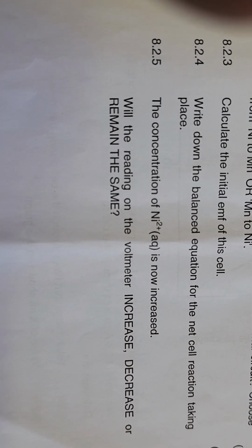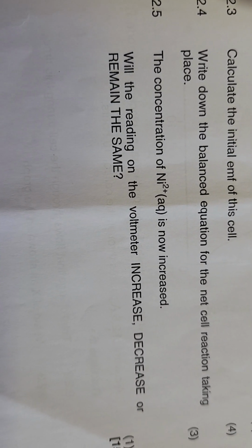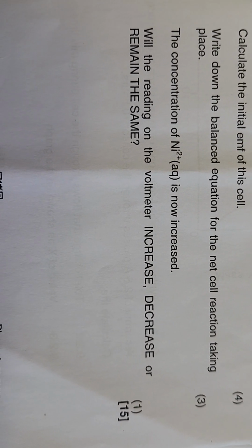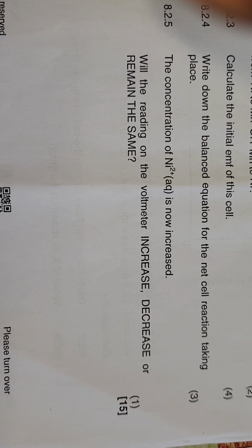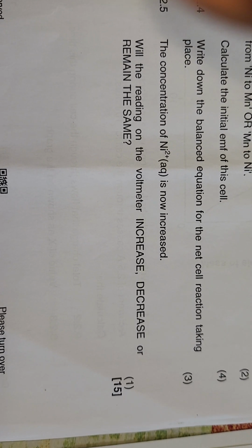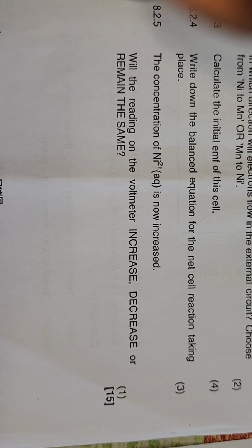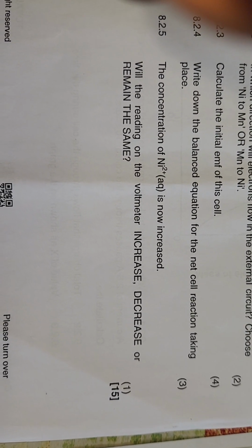And then the last question here, they say the concentration of nickel ions is now increased. Will the reading on the voltmeter increase, decrease, or remain the same? Remember, the nickel ions are in the cathode half cell.